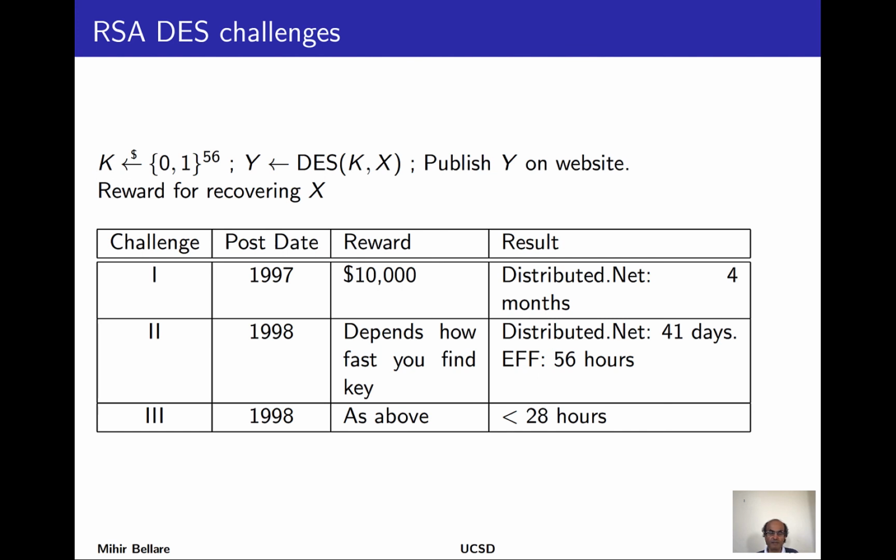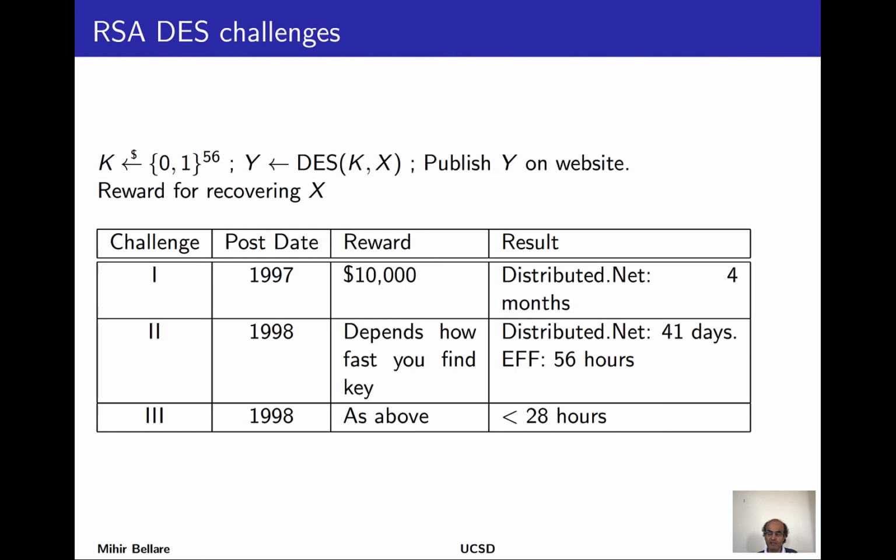The first finding there was that in 1997, a reward of $10,000 was claimed by a group that did a distributed computation. They didn't build hardware, they just farmed it out as a distributed computation over the internet and took a certain number of months. That was brought down quite a bit by later distributed computations.